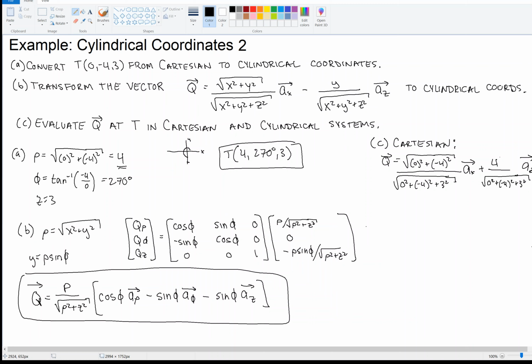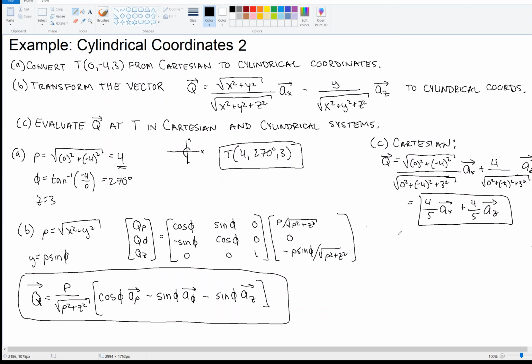Okay, so when I evaluate that, I get 4 in the numerator here, and then I have 16 and 9, 25. That's nice. The square root of that is 5. 4/5 in the x direction, and I get 4/5 in the z direction as well. Okay, so we evaluated the vector field in Cartesian coordinates, right, at that point.